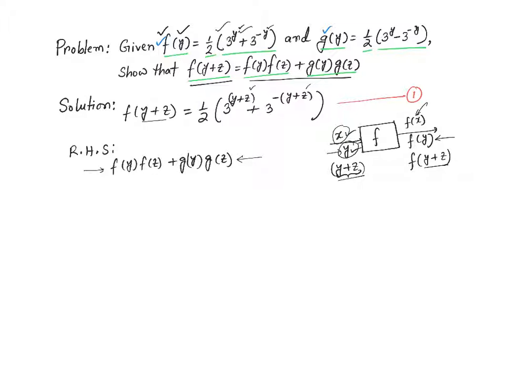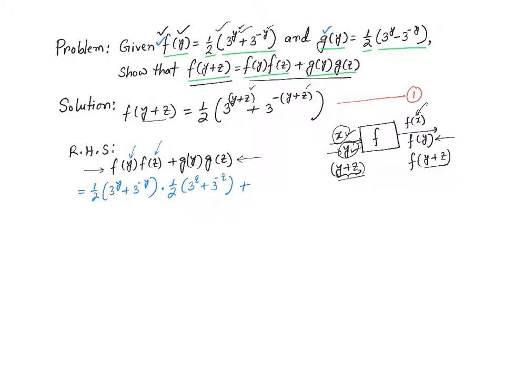So f of y is going to be 1 half times 3 to the power y plus 3 to the power negative y times f of z. Now remember, when I am finding f of z, I am just replacing the input y by z. So it's going to be 1 half times 3 to the power z plus 3 to the power negative z.